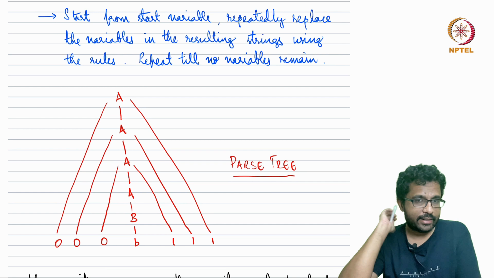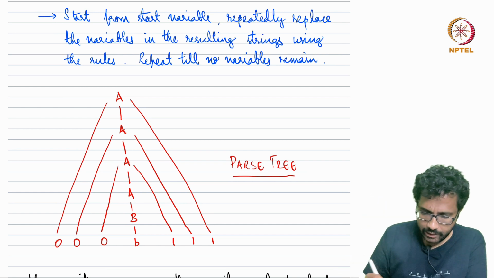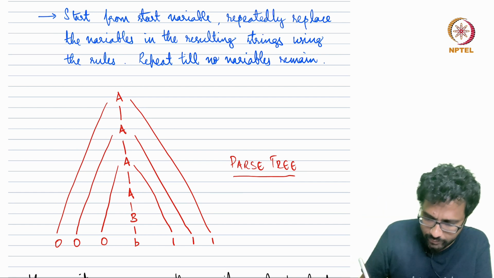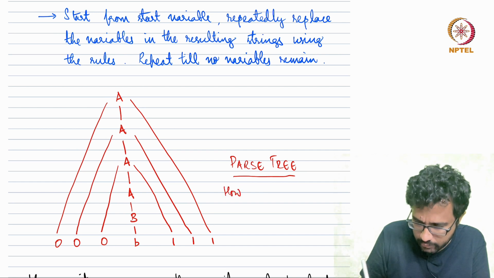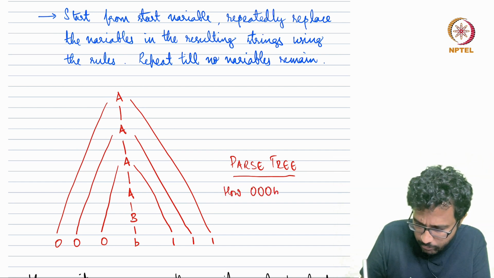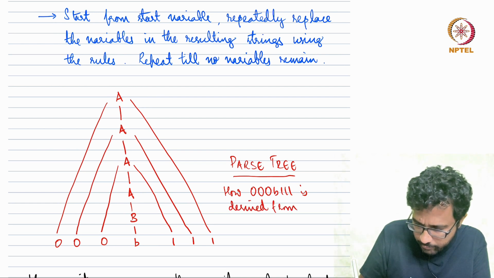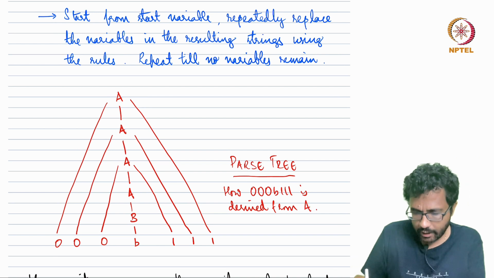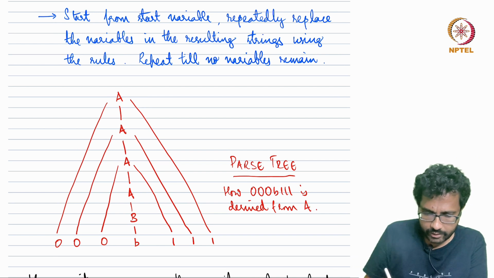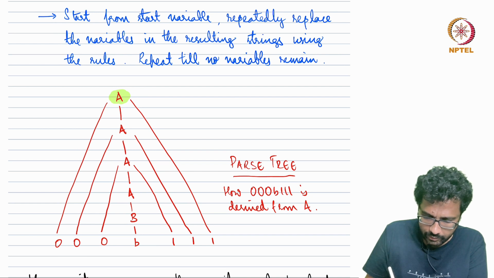You can also draw a thing like this. This is called the parse tree. This is the tree where we see how 000b111 is derived from A. We start with this A, and this A yielded 0A1.